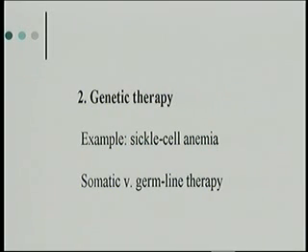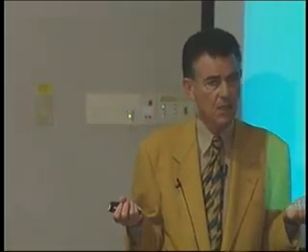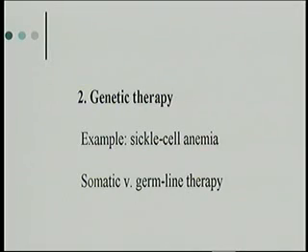Now let us go to the next technique, genetic therapy. This is high-tech genetics. This is what has become available starting about a dozen years ago or a little more. Imagine the gene for sickle cell anemia, for hemoglobin beta, and there is only one letter change.